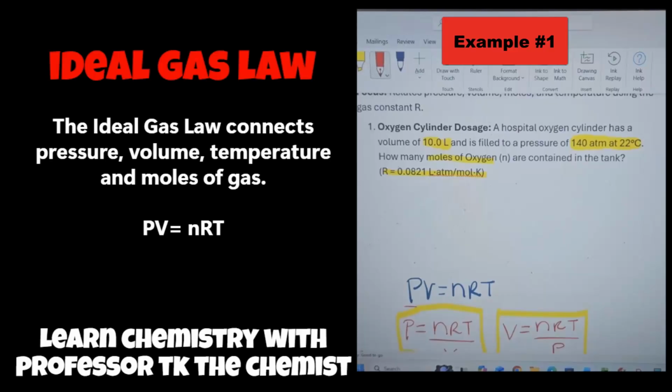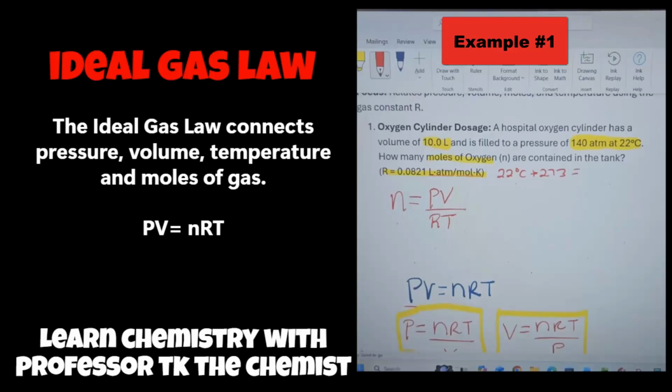Your n is equal to pressure times volume divided by your gas constant times your temperature. Now, due to the space, let me go ahead and do it right here. 22 degrees Celsius, add 273 to that number. So that way you are able to get your answers.